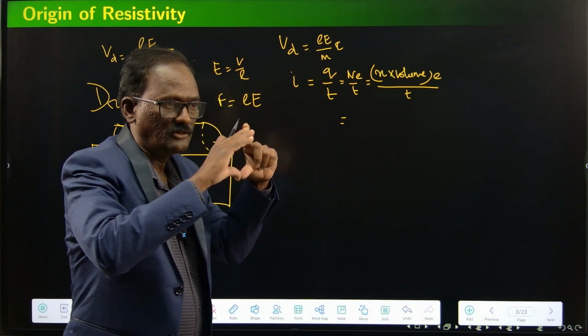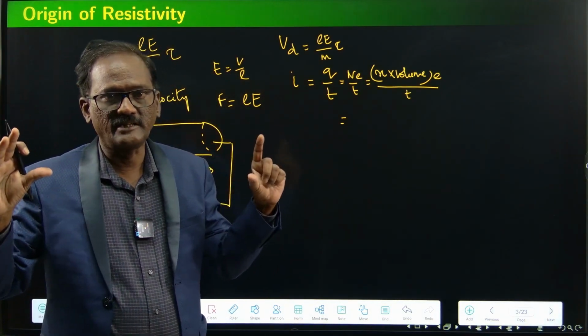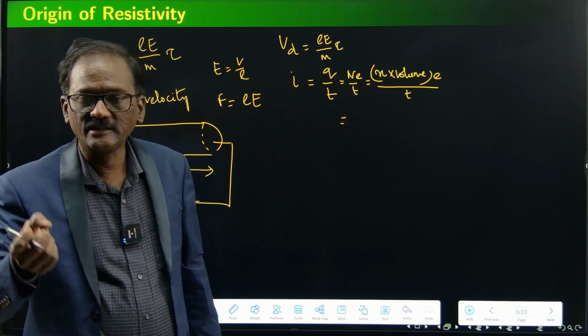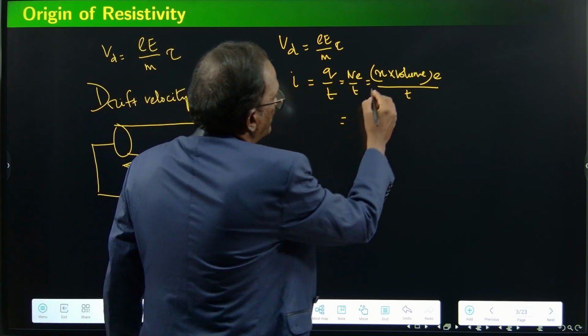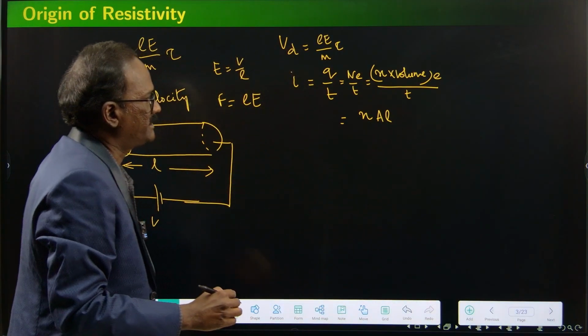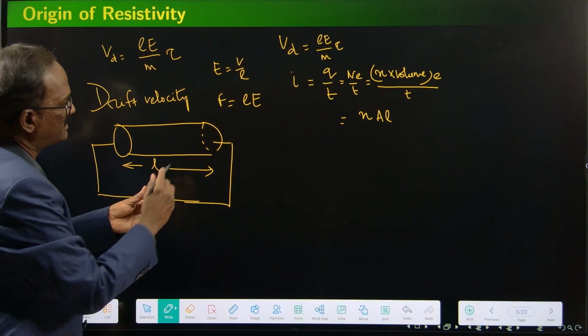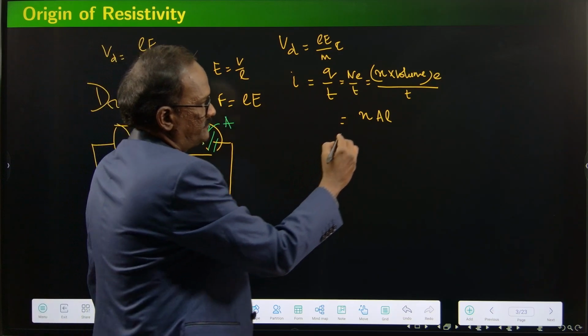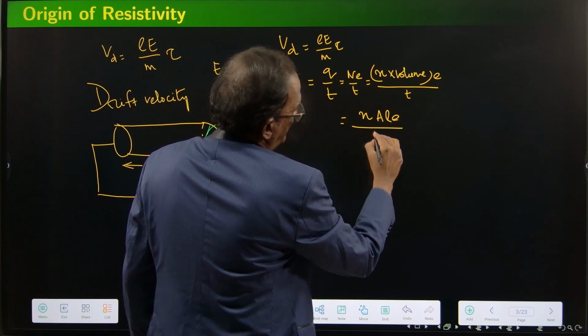So this is the free electron density, the number of electrons per meter cube, right? So n into volume, I will write it as A into L. This L is the length of the conductor and this A is the cross-sectional area, volume. Then e by t.